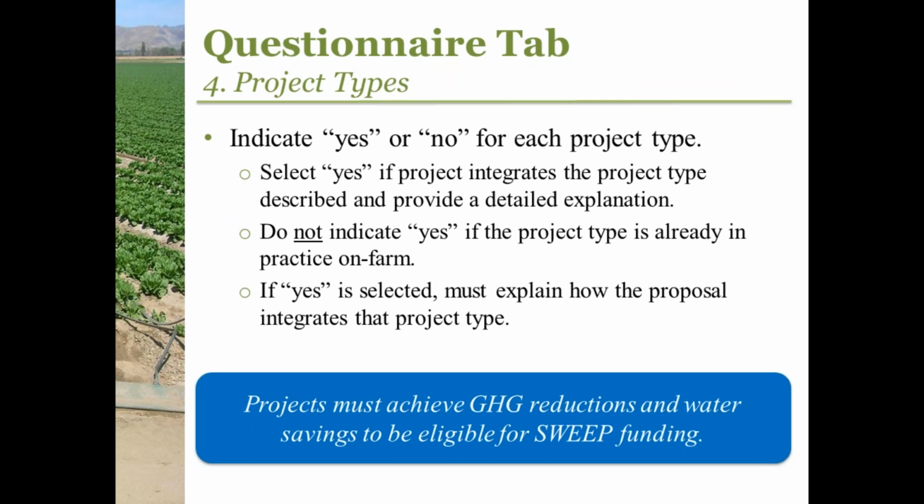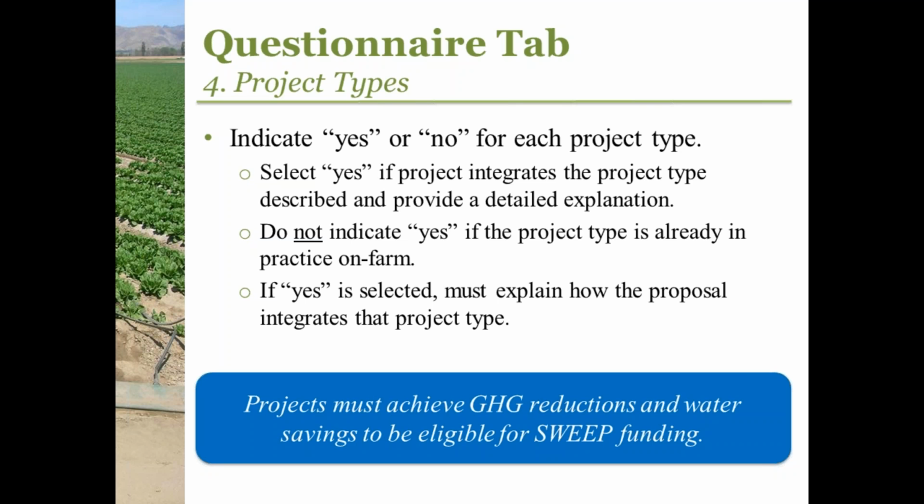And then there's a section on project types. This is a yes and no section where you will select if you are interested in installing. There are various sections, but as an example, if you're putting in a micro irrigation system from a flood irrigation system, you're going to want to say yes, I intend to install this in the water management tab.